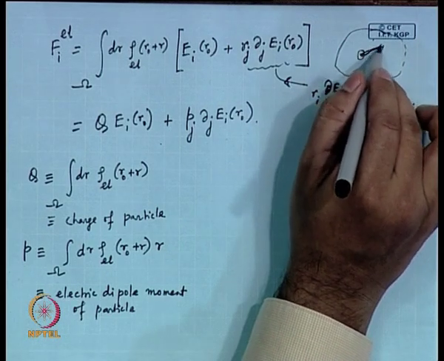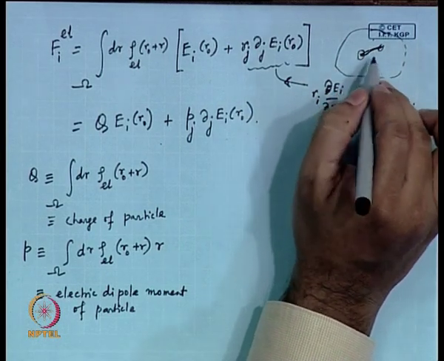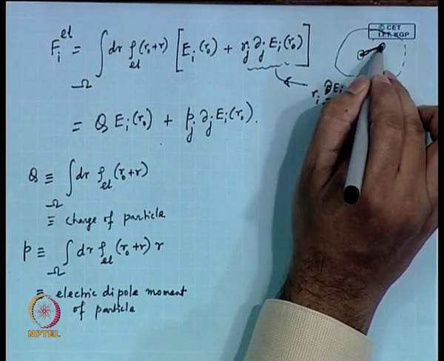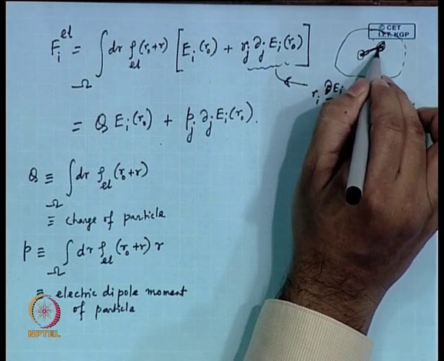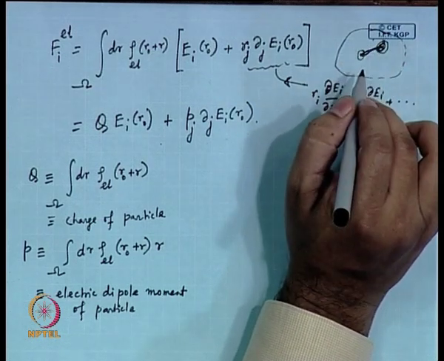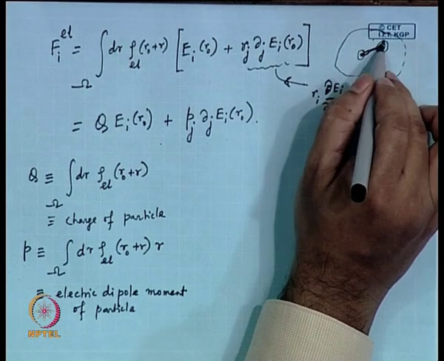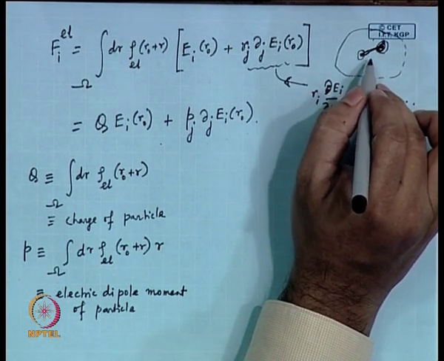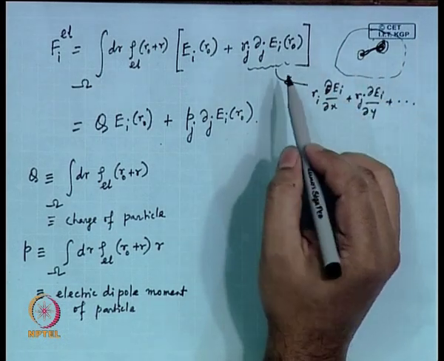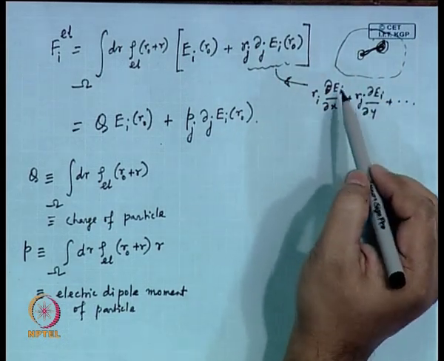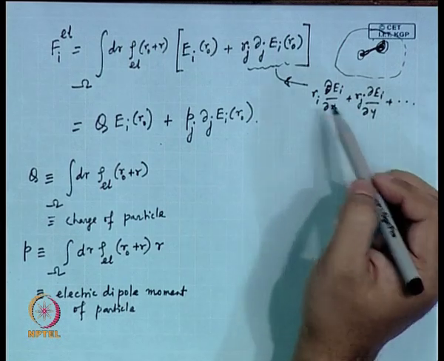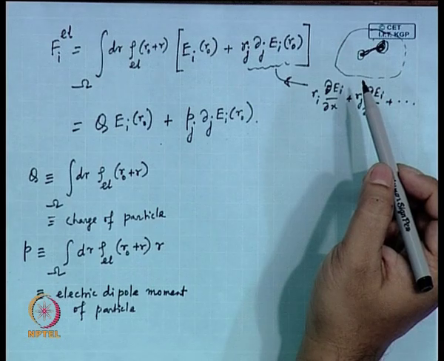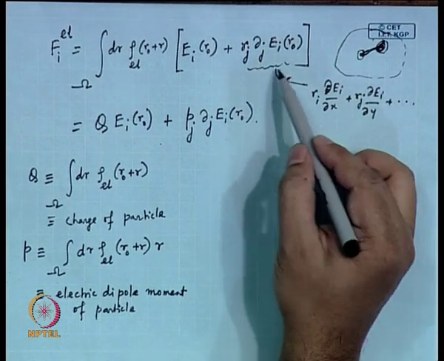Around center r0 you are expanding E. So for any other point r0 plus r, if you try to find out the value of E at that point, you are using this Taylor series expansion for that purpose. So you have to take the first derivative of it, del E I by del x, del E I by del y, and multiply that with the corresponding r, right. So that is exactly what we are talking about here.